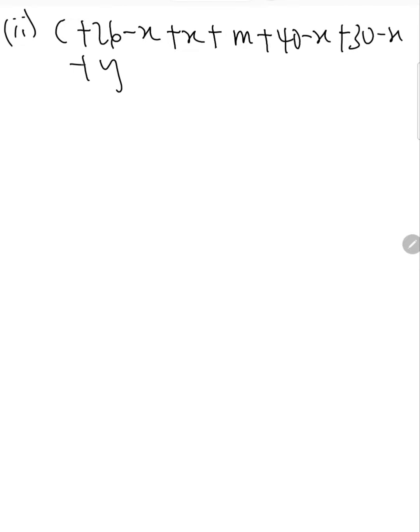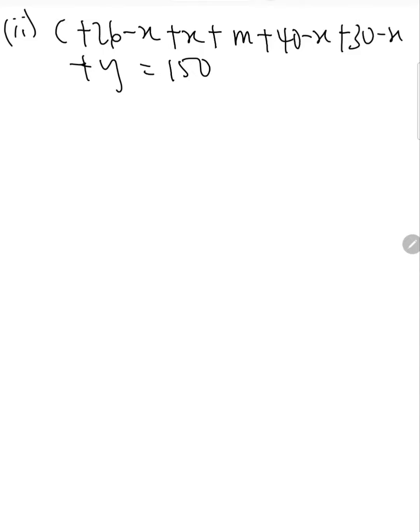So we have c plus 26 minus x plus m plus 40 minus x plus 30 minus x plus y is equal to the universal set.